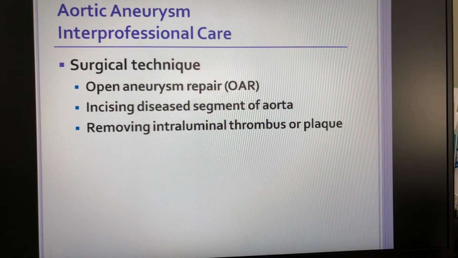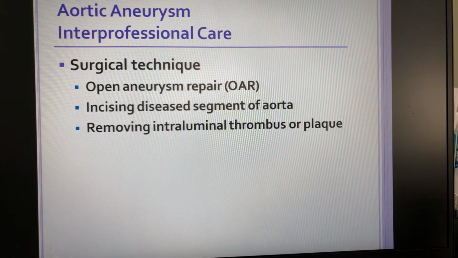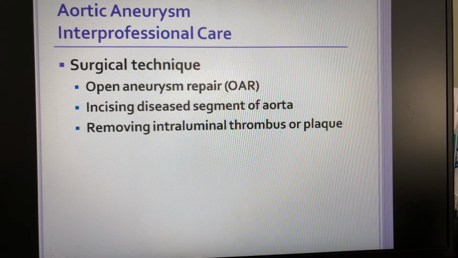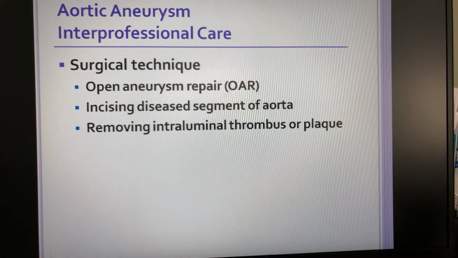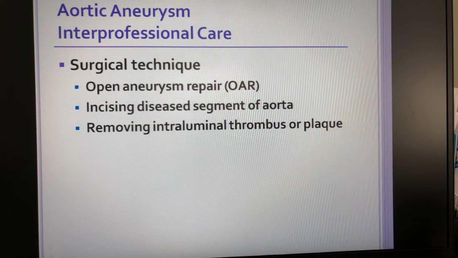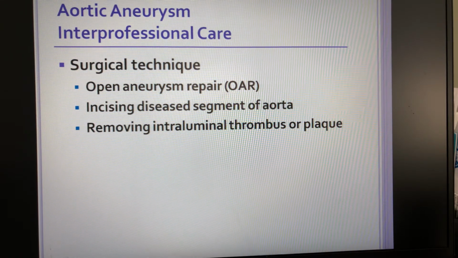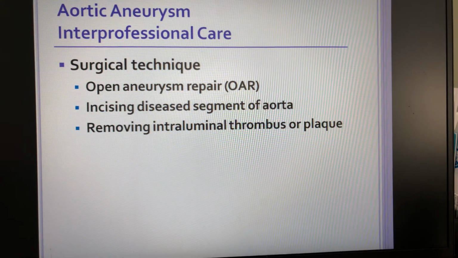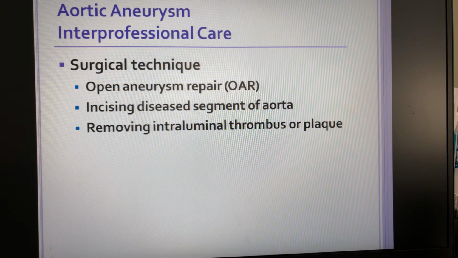As for the surgical technique, they do the open aneurysm repair, abbreviated OAR, incising the diseased segment of the aorta, and they also can do removal of an intraluminal thrombus or plaque as part of the surgical technique.